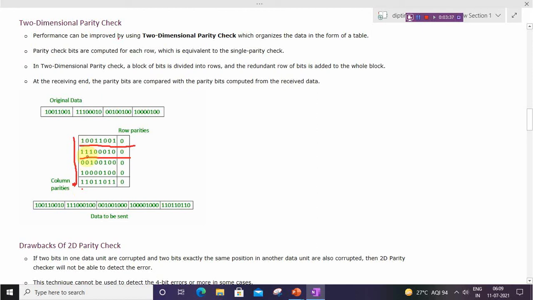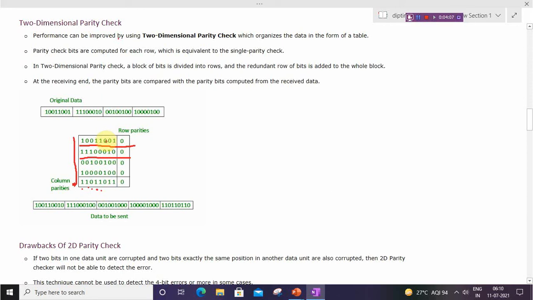In the second there is a single 1, an odd number, so the parity bit will again be 1. For the third there are two 1s, so the parity bit will be 0. For the fourth there is a single 1, so the parity bit will again be 1. For the fifth column, a single 1, so the parity bit will be 1.